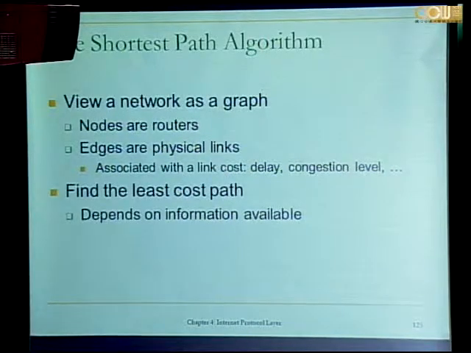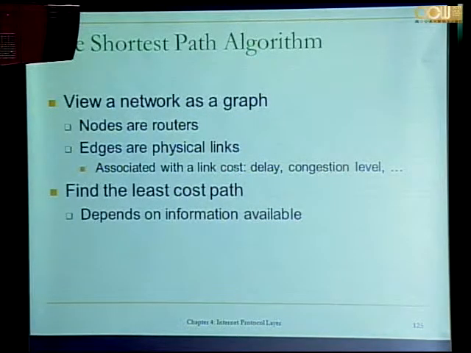And the way to compute the shortest path is to view a network as a graph where nodes are routers, but links or edges are physical links. And associated with a link, there's a cost.